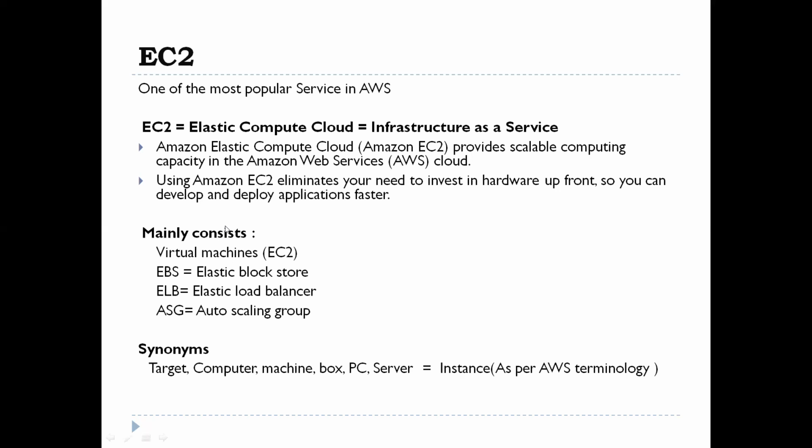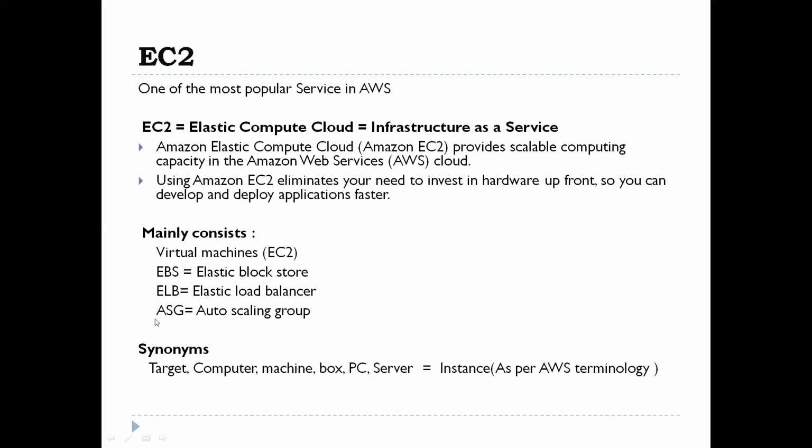What EC2 mainly contains is virtual machines. That means we can create virtual machines within a few clicks. We'll go through that practically in the next step. EBS, Elastic Block Storage, is nothing but storage. Then there is ELB, the Elastic Load Balancer, and the Auto Scaling Group.